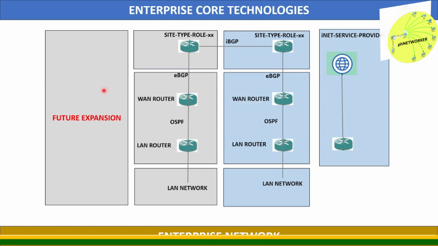And then we are now having a future expansion. When we expand this, we will create a mesh iBGP. Okay, and then we will do the same. We have a WAN router, LAN router, and the LAN network.